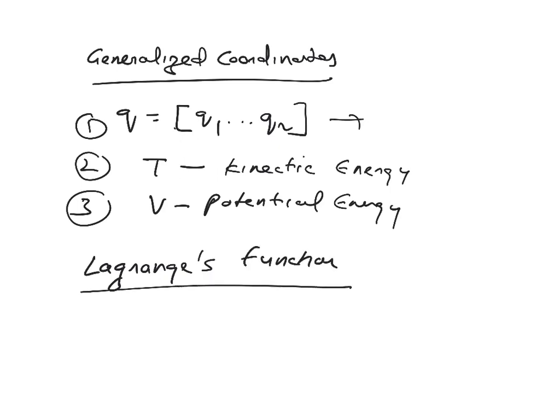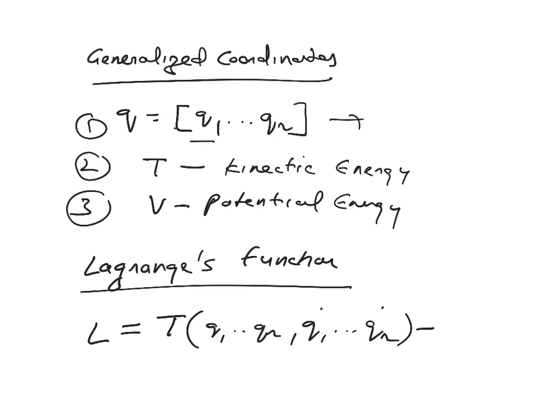Lagrange's function, which we denote by L, and it's given as T minus V. T is the total kinetic energy, which is a function of Q1 to QR, and also the velocities Q1 dot to QR dot, right? Q1 is the generalized coordinate, and you can always find a time derivative of each.